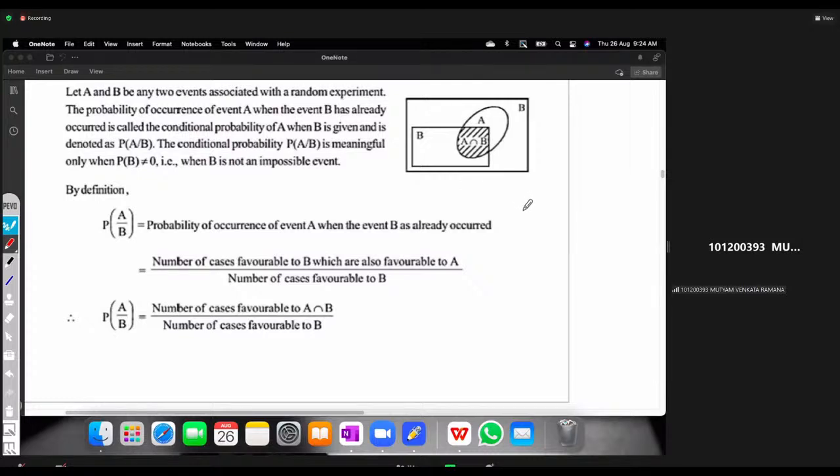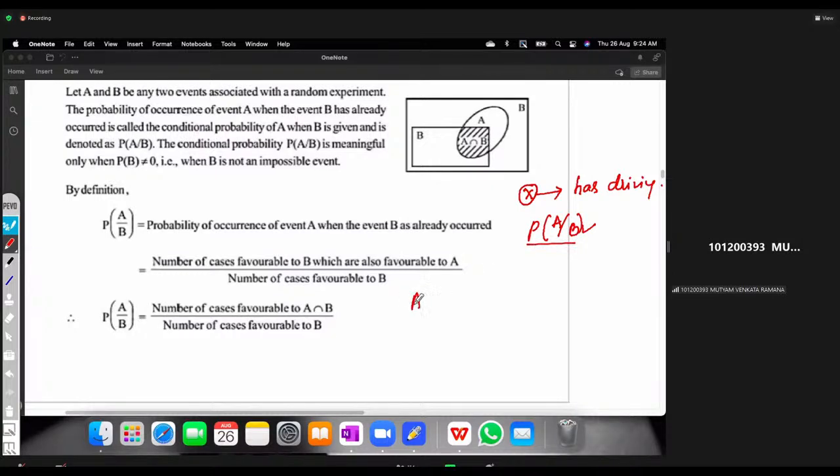Now, Mr. X is driving a car, and already we know that he has a valid driving license. Now, the probability that he met with an accident when we knew that he has the driving license.